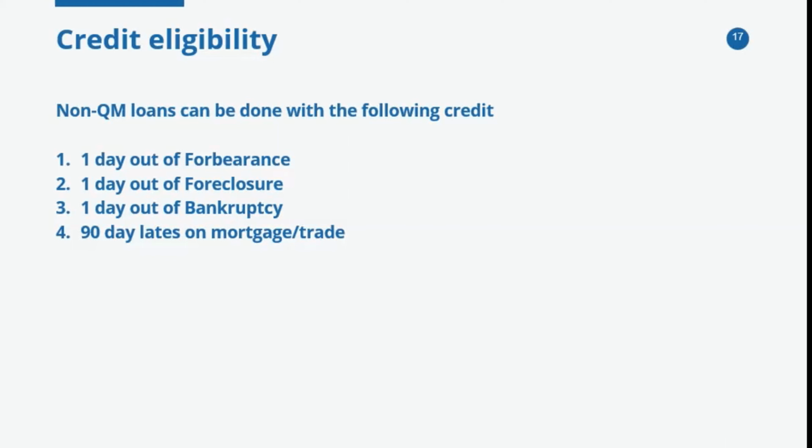Okay, so is there a way to get past a 1007? Let's say the 1007 comes back with the rents at 3,500 and you know that you can rent the property out for 3,600 or 3,700. If you can find a tenant early enough and get a lease agreement, we can use that to argue, because the market rent is lower, but the property might be somewhere desirable, in a nice quiet neighborhood, where you think you can get a little bit more. They're going to ask for the lease agreement and probably a copy of the deposit from the tenant.